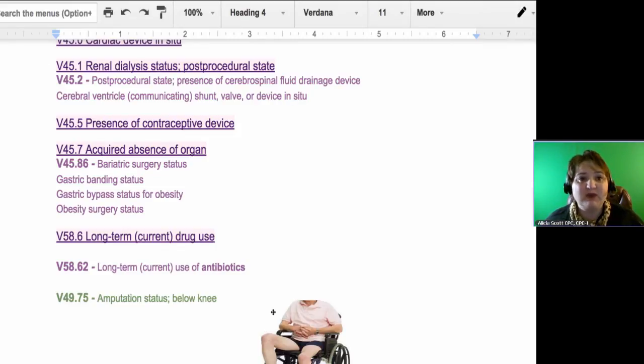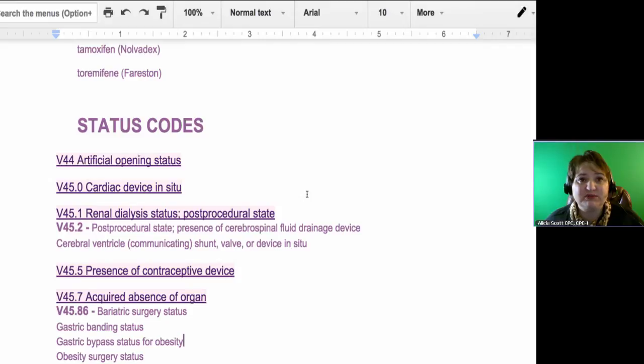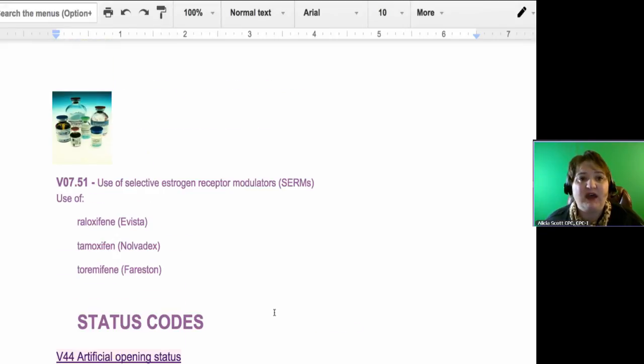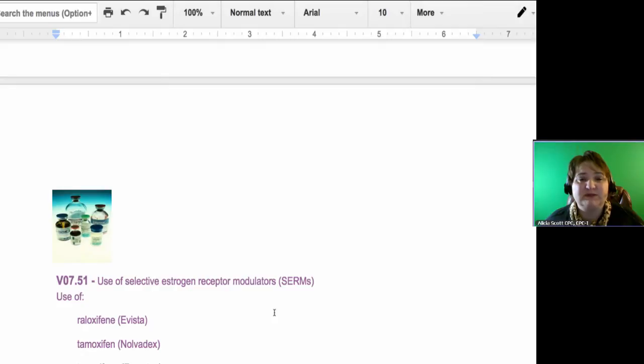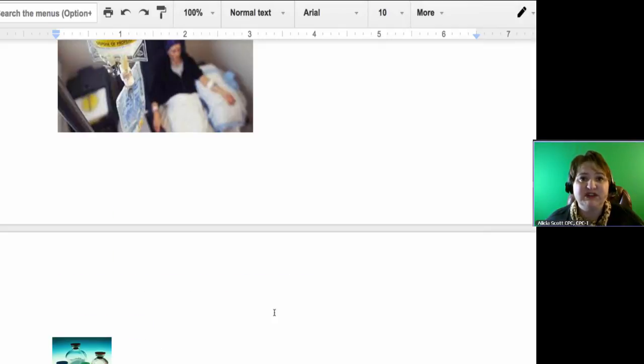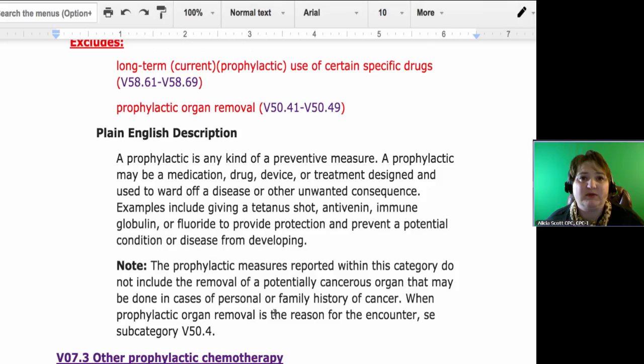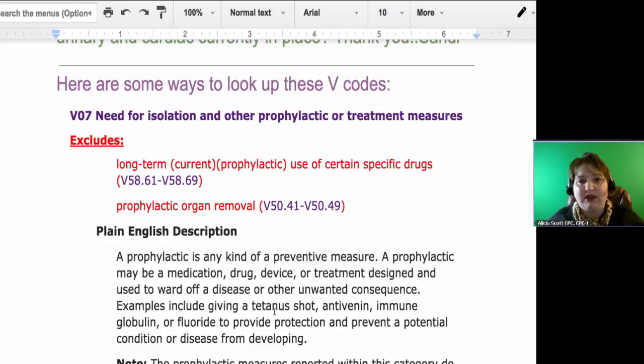So those are the main ones that you need to look for, but the main key terms that you need to know are status, when you're looking up devices and things like this being in a person, and prophylactic. If there's some medication or something that's being used on a long-term basis, you're going to find your codes lumped in all in those areas.